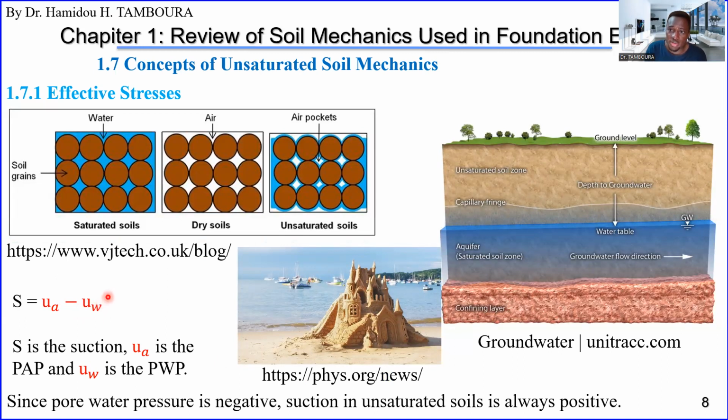Okay. And in unsaturated soil, the pore water pressure is negative. And since this is negative, negative minus negative will be positive, right? So that's why suction will always be positive.